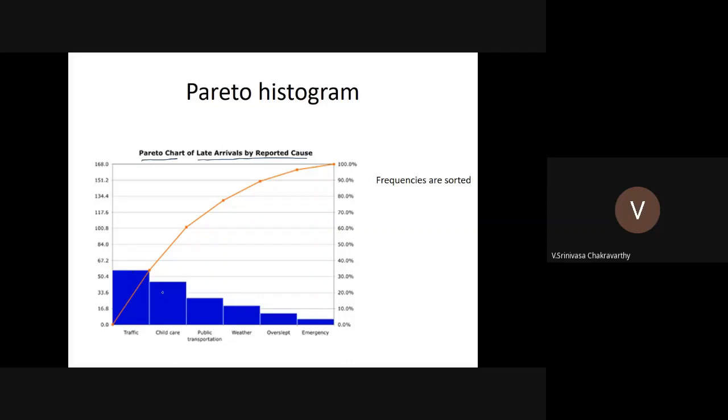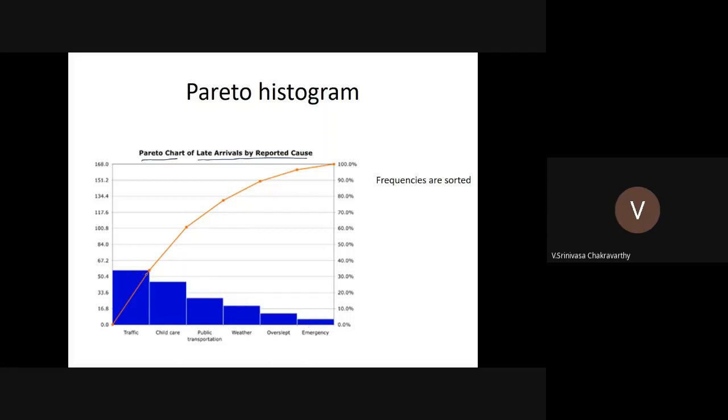Then how many cases do they come late because they have to take care of a child at home? That is the next one. Then how many times they come late because of public transport constraints or disruptions, or because of weather, or because they overslept. I mean, even that is a cause. It's a realistic cause. Or some emergency, some accident, or they fell sick suddenly, whatever.